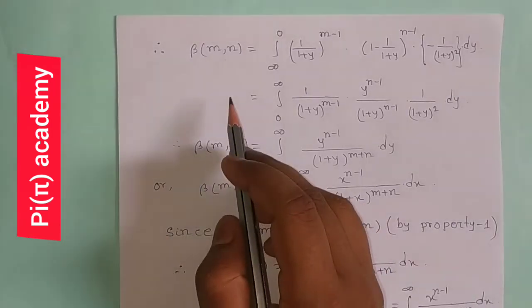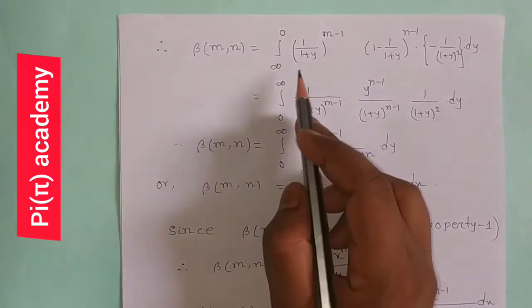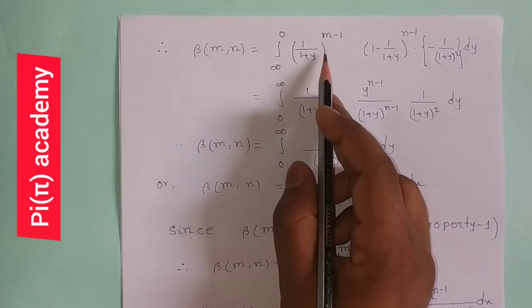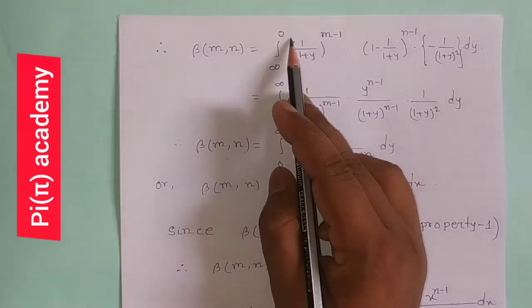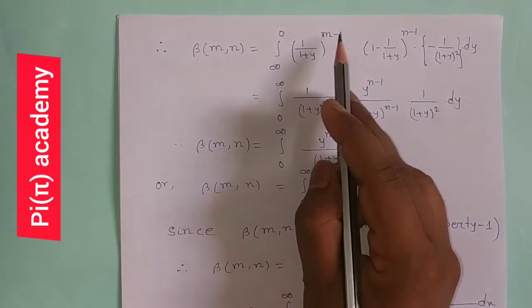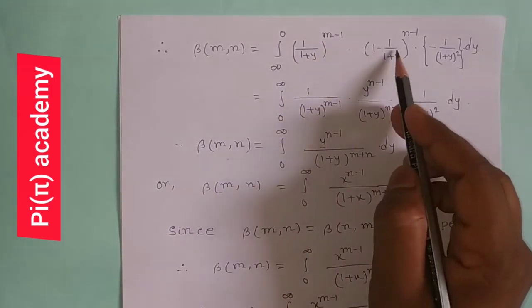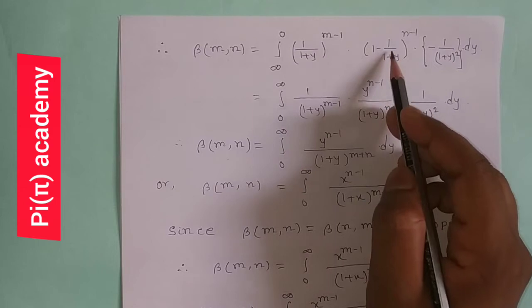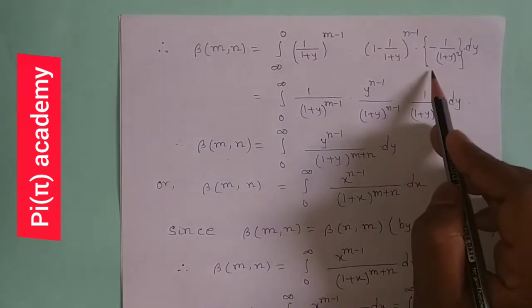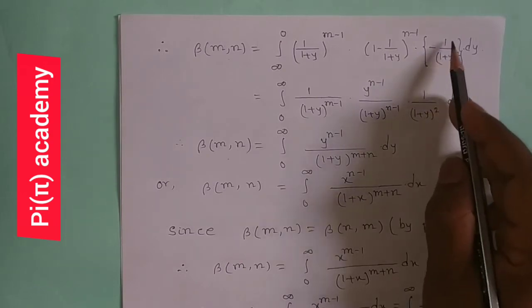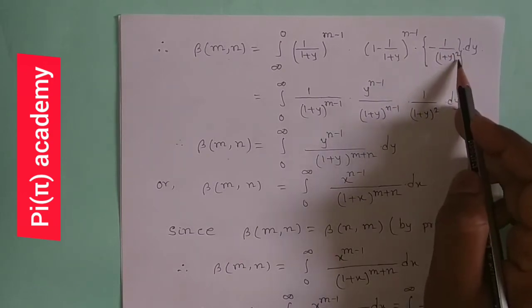Now I put the value of x in terms of y, and we get the limit infinity to 0 of 1 by (1 plus y) whole to the power m minus 1 into (1 minus x), here x equal to 1 by (1 plus y), whole to the power n minus 1, and the value of dx is minus 1 by (1 plus y) whole square into dy.